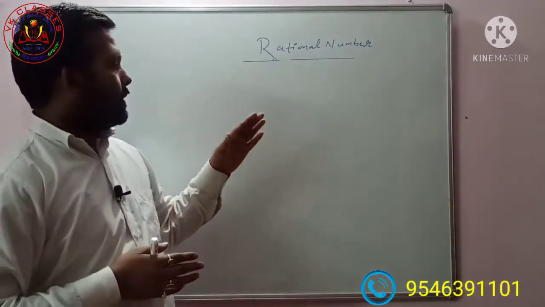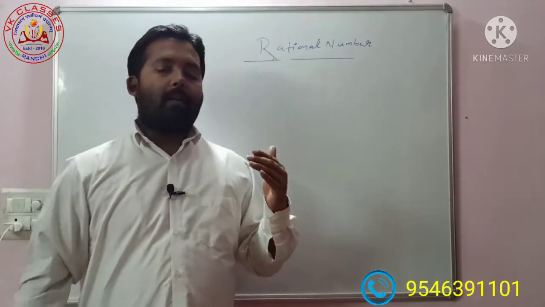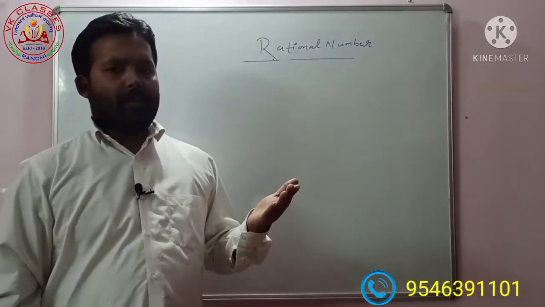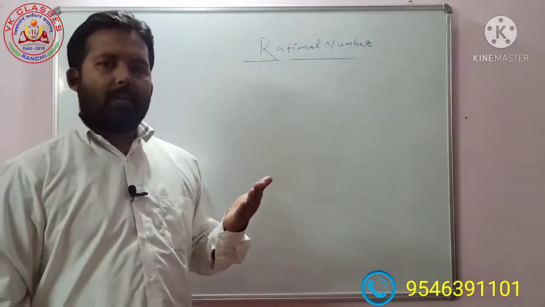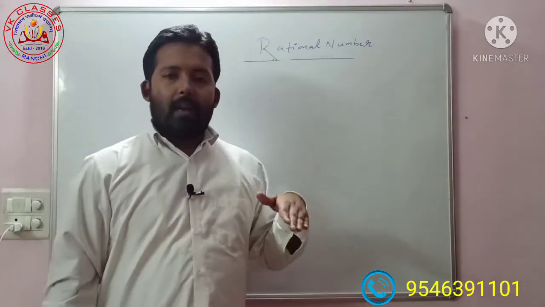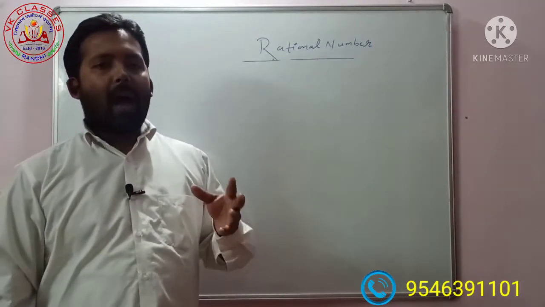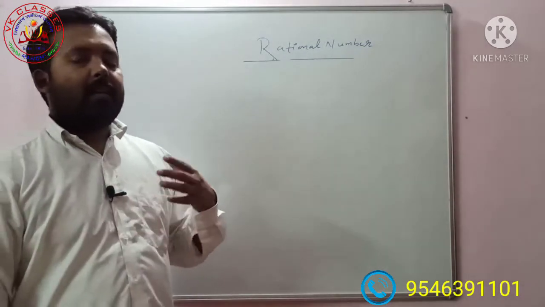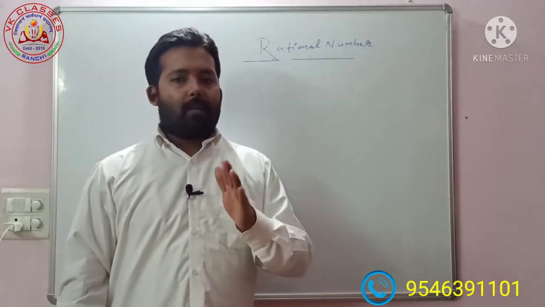Now we will learn how, without actual division, we can find out whether a number is terminating or non-terminating. For example, I have the number 784600725 divided by 800, and I have to find whether this number is terminating or non-terminating.